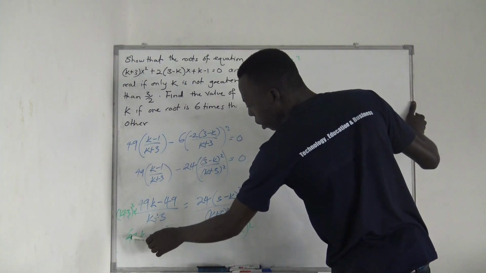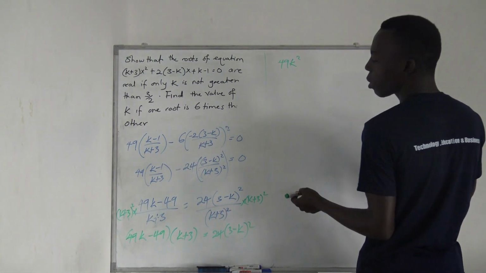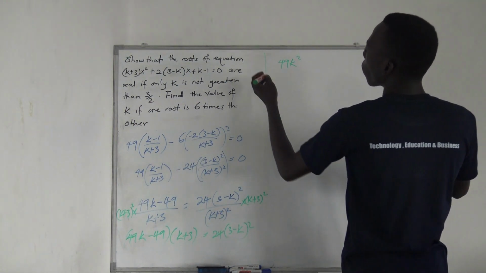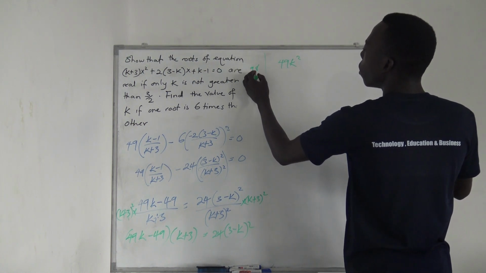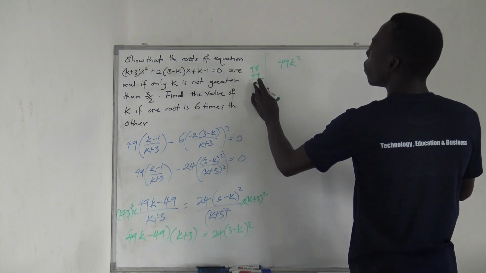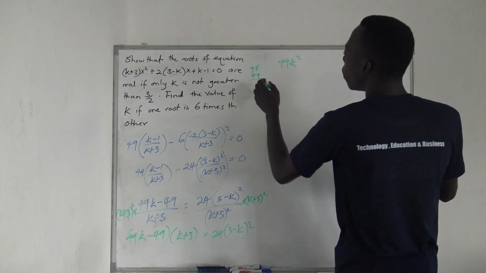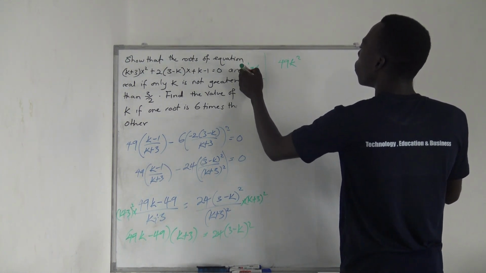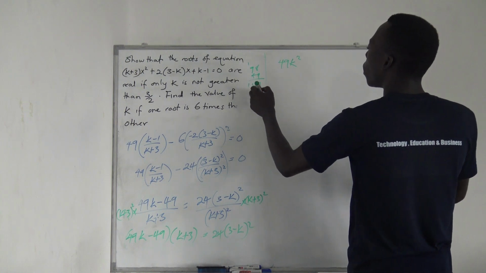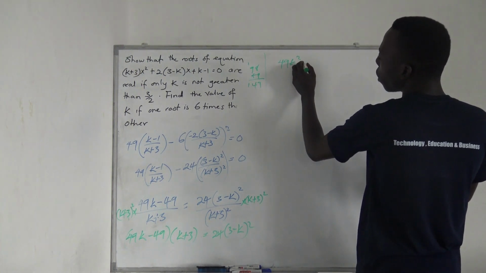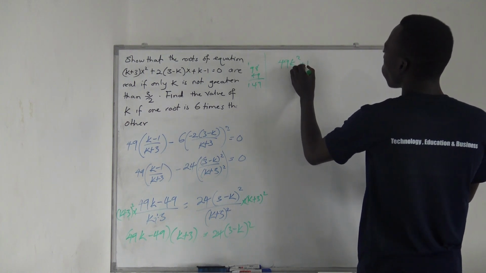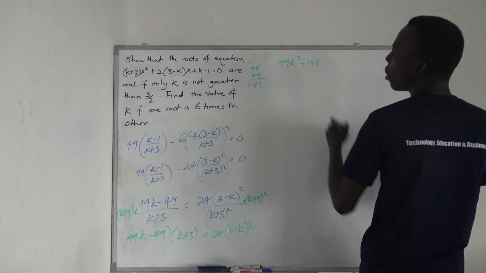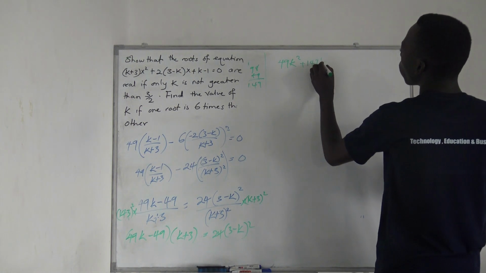Now again that one times this becomes 98 plus 49, that is 147, so it's plus 147k.